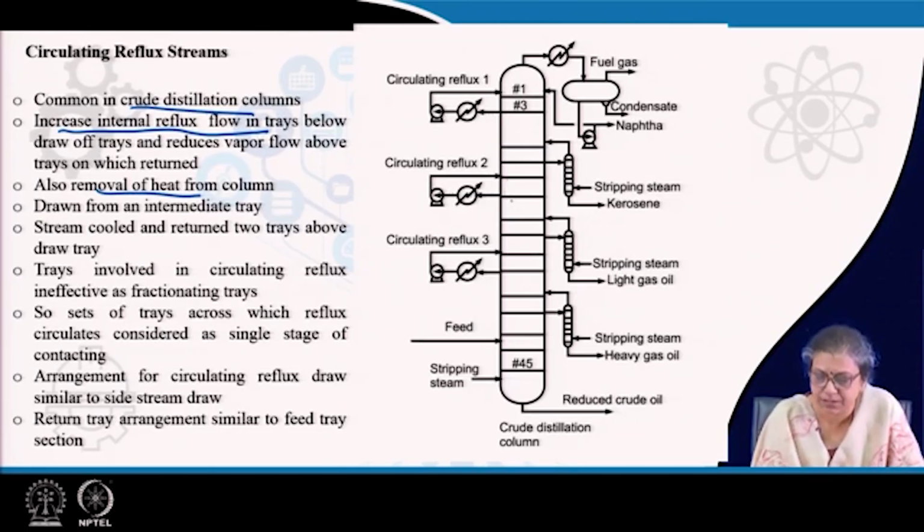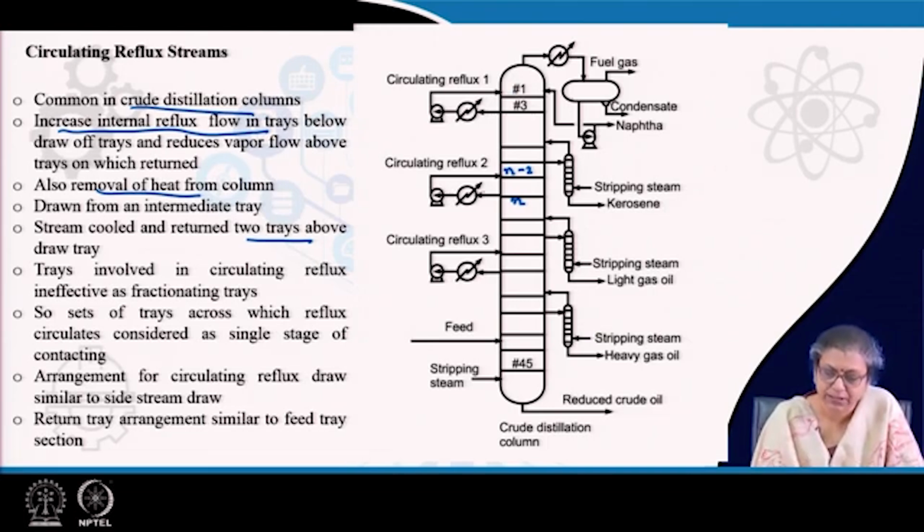That means, if this is nth tray, then this is going to be the n minus 2 tray. So, it is usually drawn from here and the stream is cooled and returned 2 trays above the draw off tray. If we draw the circulating reflux from the third tray, we introduce it in the first tray. This is the way.